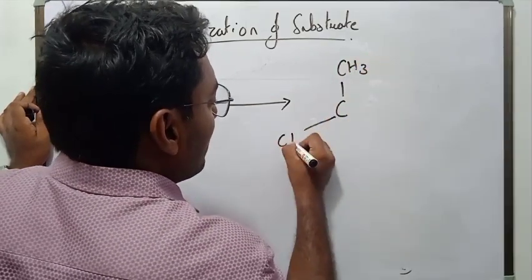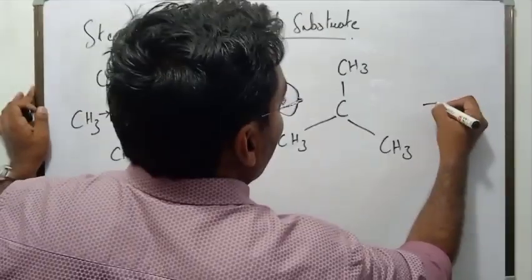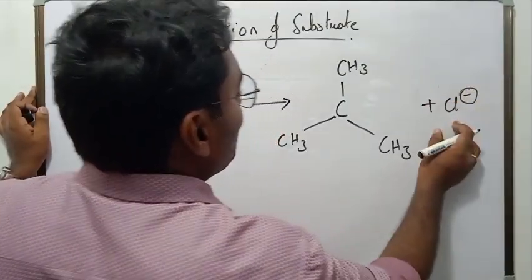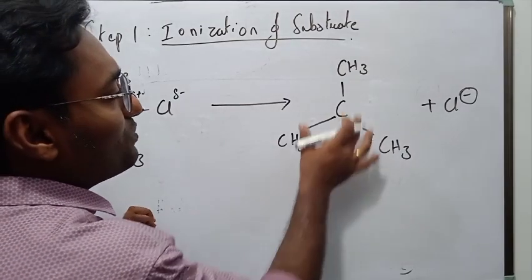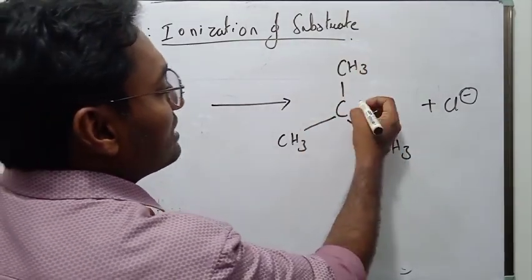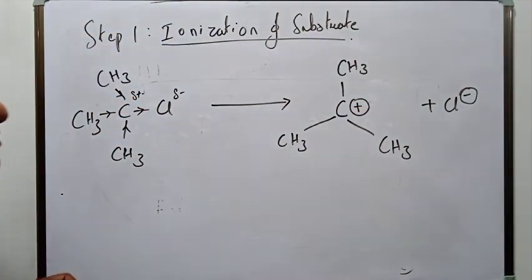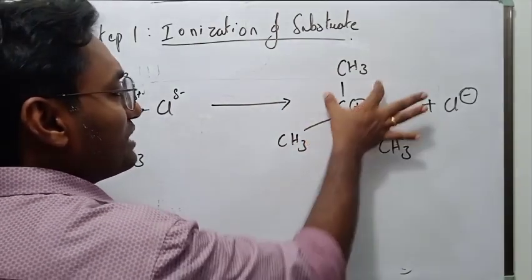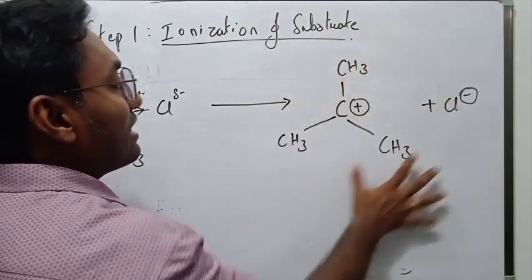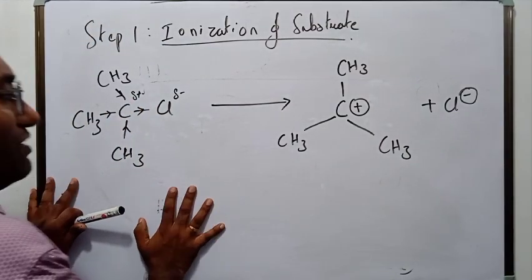A carbocation is formed. If you have seen the earlier video of the SN1 reaction, you know that the carbocation formed is a trigonal planar carbocation, because 3 groups will go to the farthest position available. So that would lead to a trigonal planar carbocation. So this is the first step in the E1 reaction.